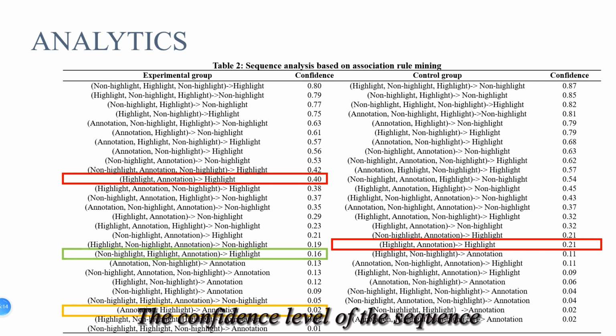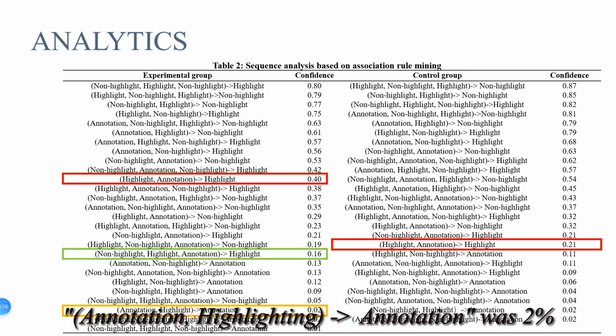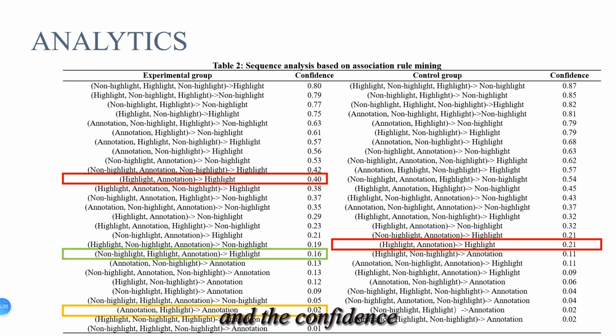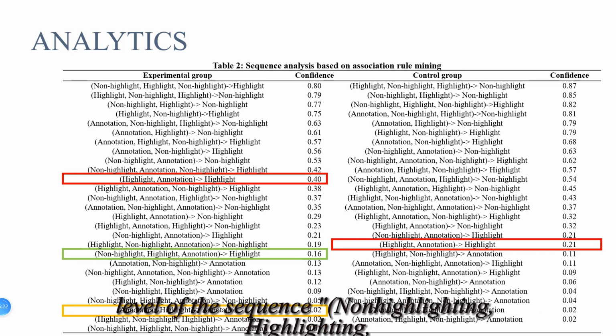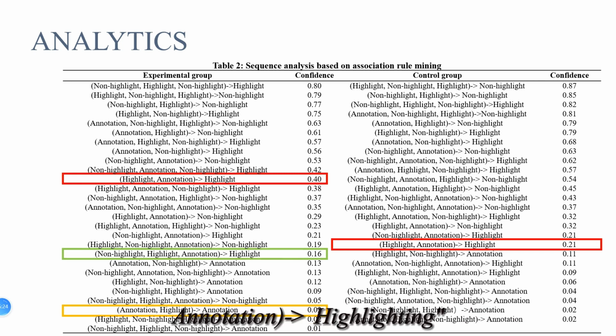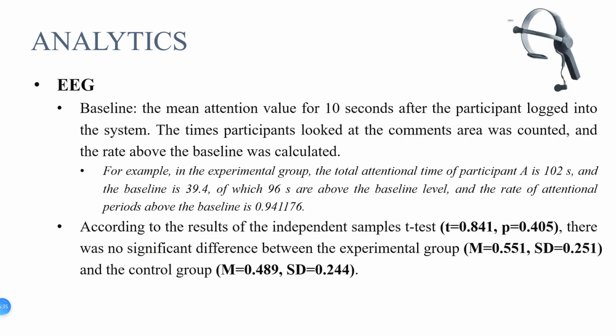The confidence level of the sequence annotation was 2%, and the confidence level of the sequence non-annotation was 16% in the experimental group, but not in the control group.